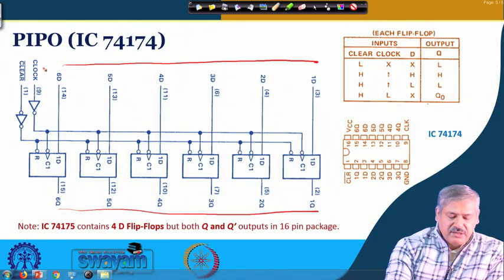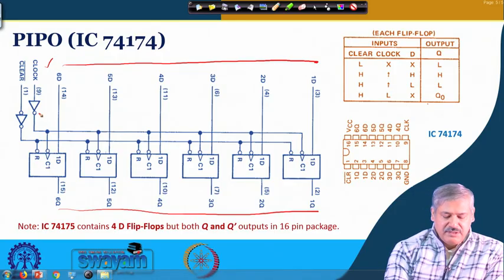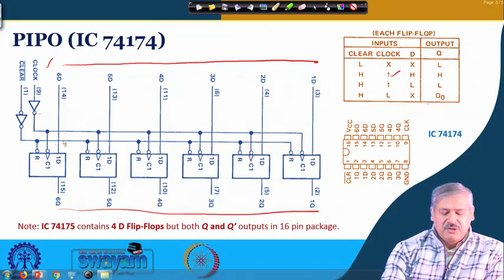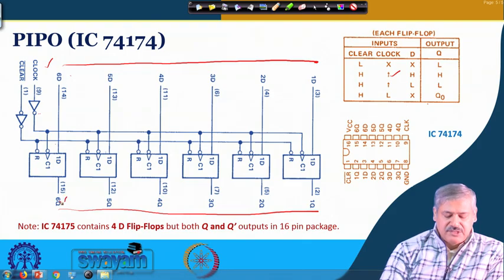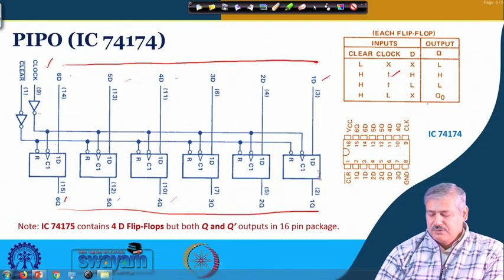Whenever the clock trigger comes, the clock is common, and if you look at this inverter here and inverter here together, then it is positive edge triggered. Whenever the clock trigger comes, whatever data is at 6D comes to 6Q directly. Similarly, 5D comes to 5Q, 4D to 4Q and 1D to 1Q.